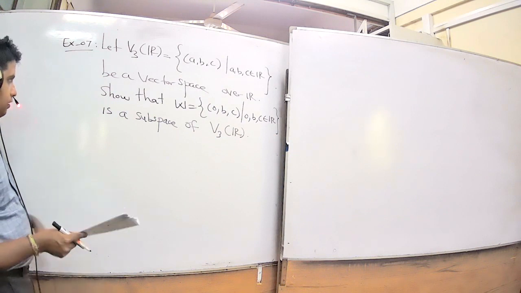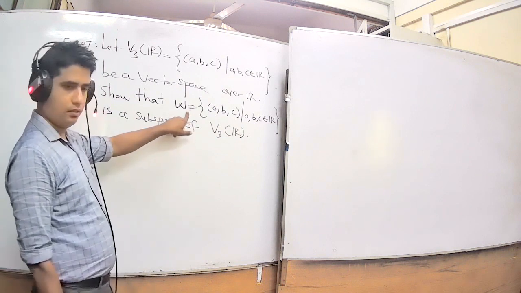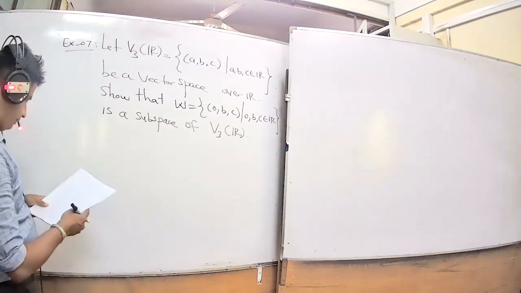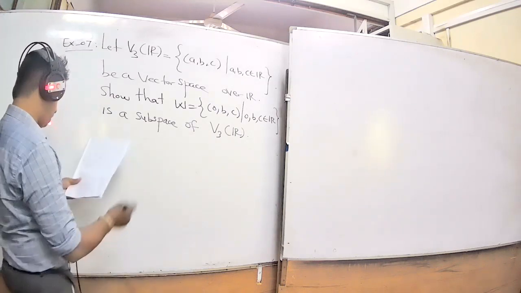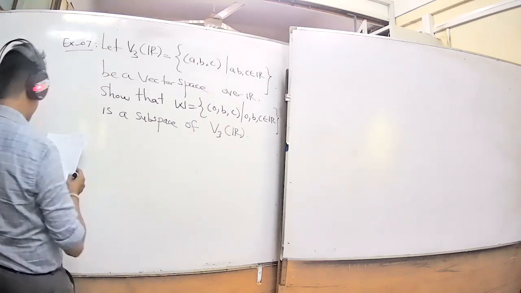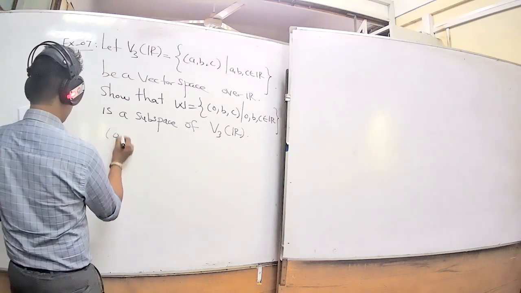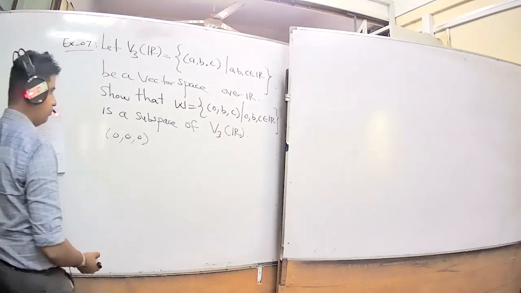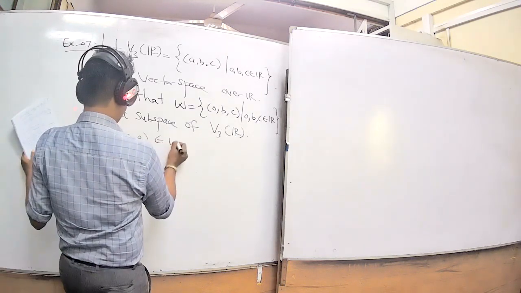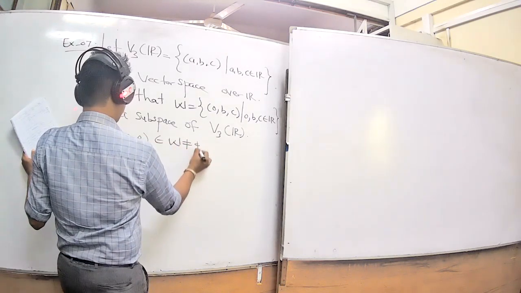You want to show that it is a subspace. First of all, you want to show that it is non-empty, because here, for 0, you can take b equal to 0 and c equal to 0, because they are real numbers. Therefore, this one belongs to W, therefore non-empty.